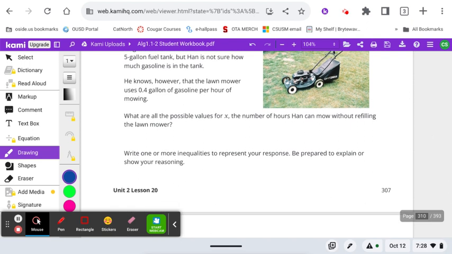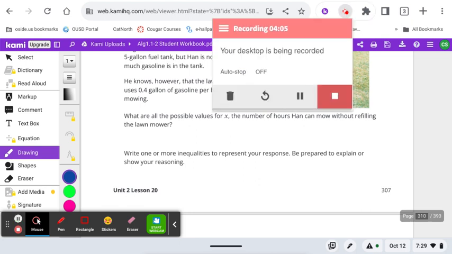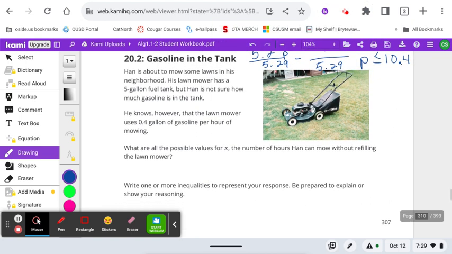Again, pause the video right now so you can try this and then see if you got the inequality. Okay, how'd you do? So what values did you get? I hope you noticed that we want to divide that 5-gallon tank by the 0.4 gallon of gasoline per hour of mowing. And that's got to be what inequality?